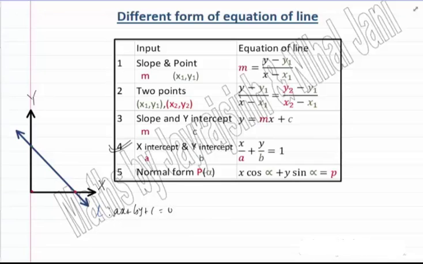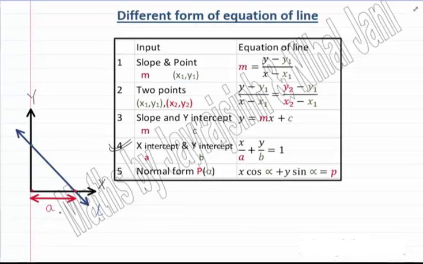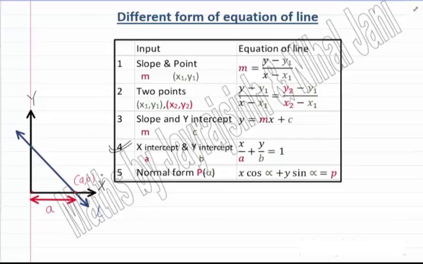Now we are interested in the intersection of L with x-axis. Let's assume it intersects at the distance of A on the x-axis from the origin. Then we can say A comma 0 is the intersecting point and A is your x-intercept.